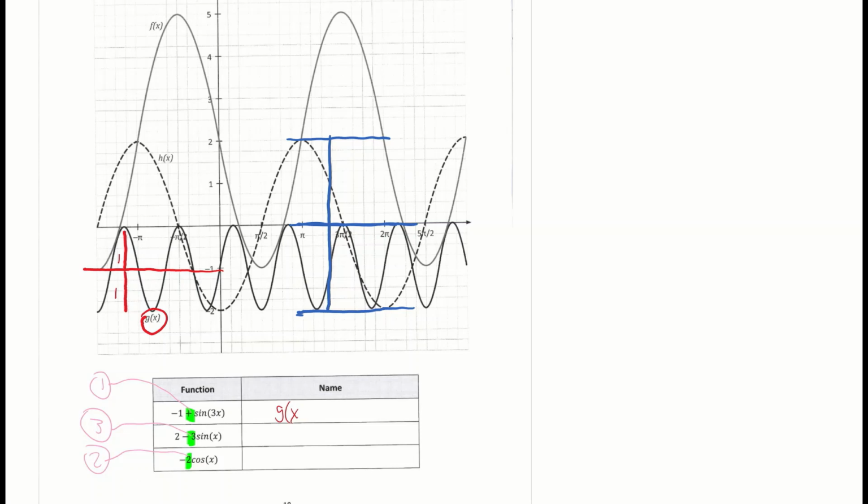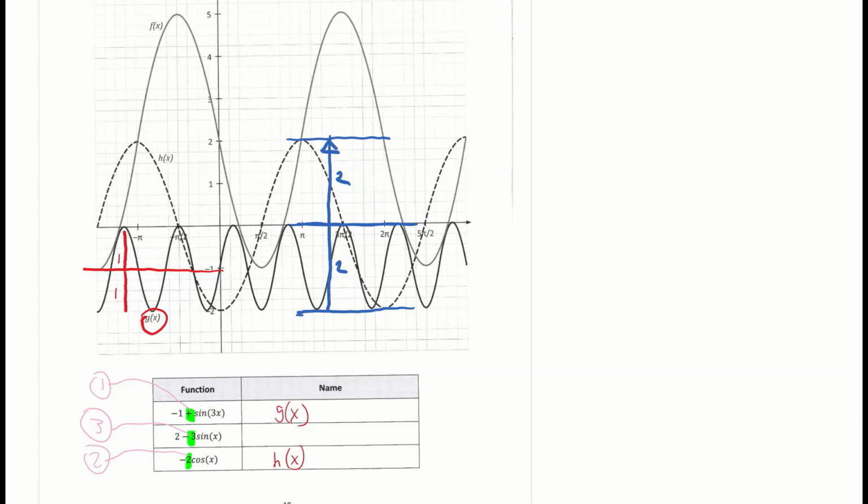So I'm going up 2 units, and I'm also going down 2 units. That's telling me that the amplitude is 2. So when the amplitude is 2, which one of these functions has a factor of 2? Well, it's the third one there. So my answer there for -2 cos of x is going to be my h of x.